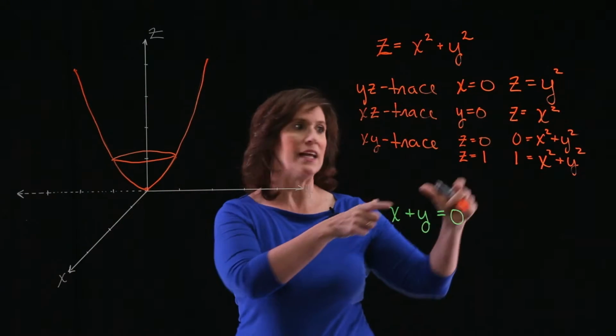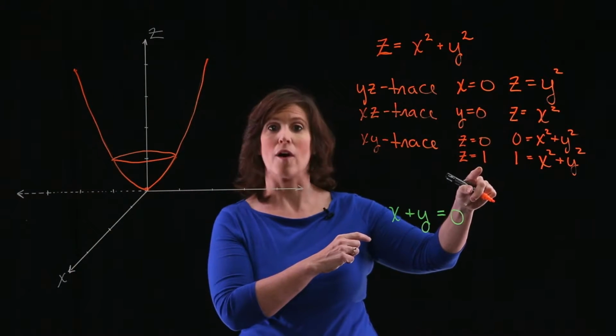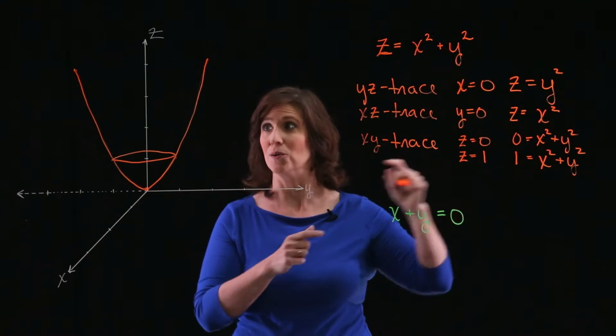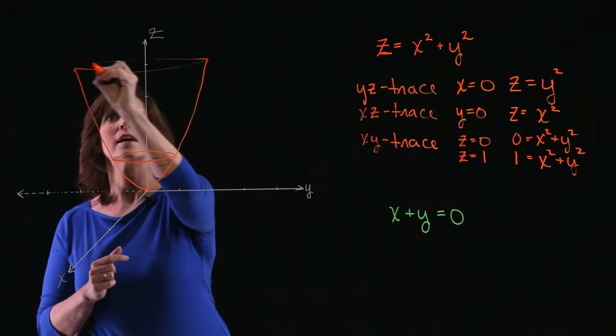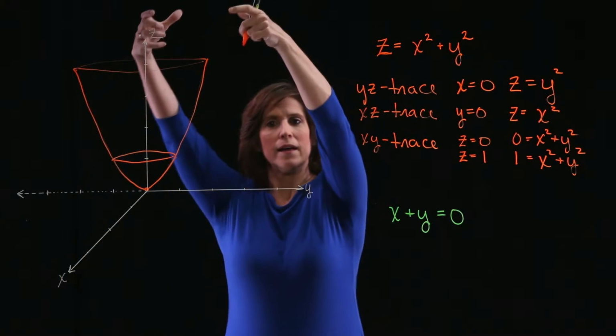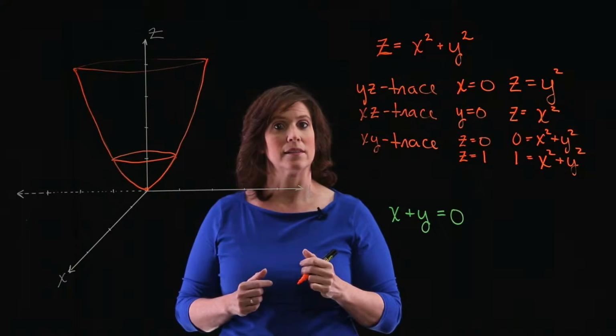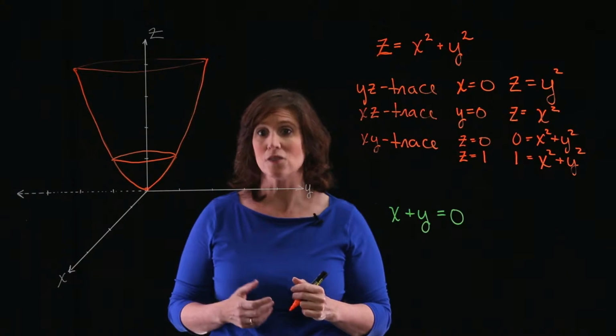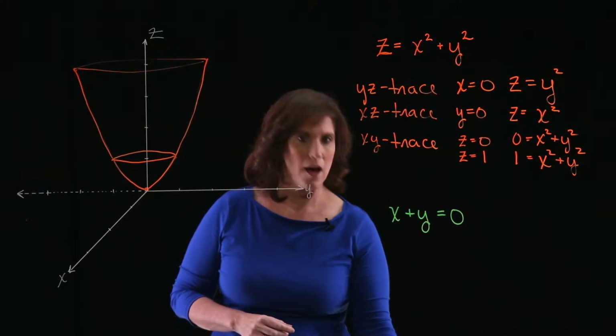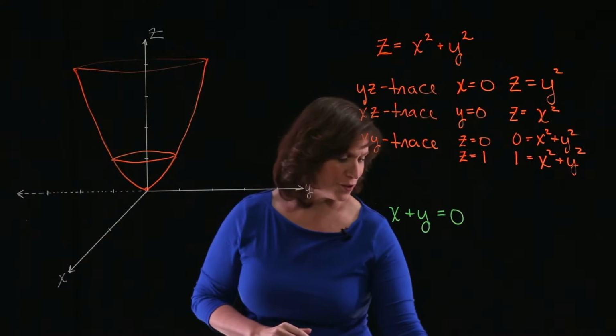Now, if z were to equal 4, I would have a circle of radius 2. So I'm going to have a whole bunch of circles going up the z-axis, right? And so now what I've done is I've created a surface that's called a paraboloid. All right, that's my very first surface.